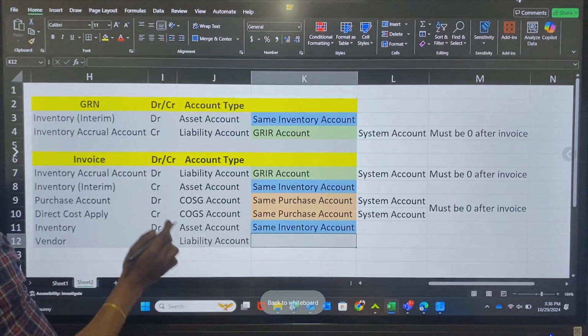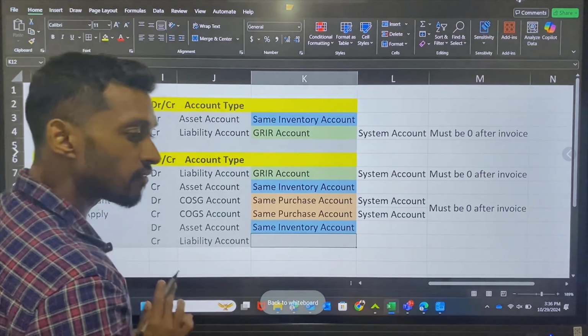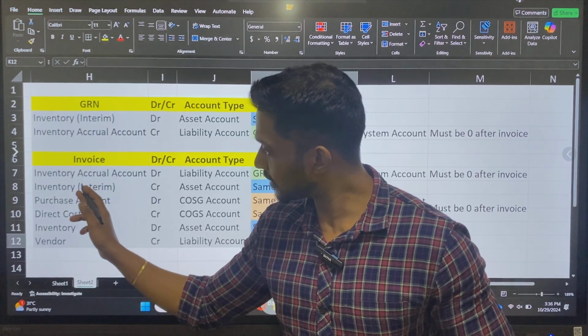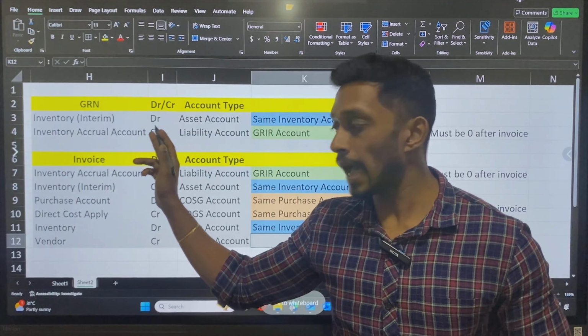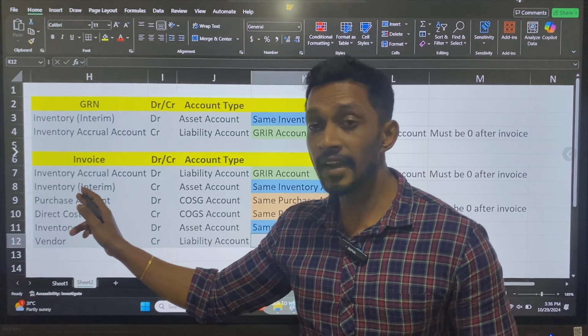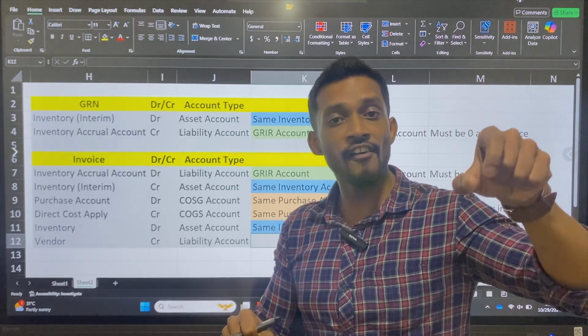Now we have done this part, and now we have to do the invoicing part. I have explained it in this Excel. At the invoice point, the inventory accrual account gets debit and the inventory interim account gets credit, which means both accounts become zero after the invoice.